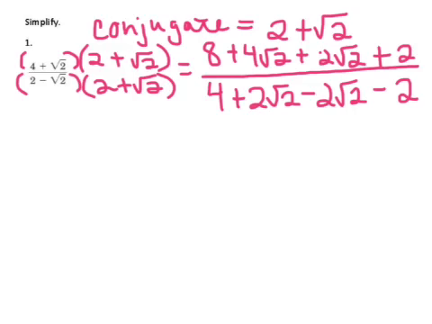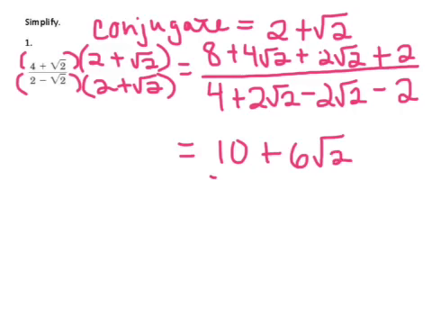Now, let's simplify by combining like terms in the numerator and the denominator. Combining the 8 with the 2, we get a 10. And combining our two radical terms, we have 4 root 2 plus 2 root 2 for a grand total of 6 root 2.